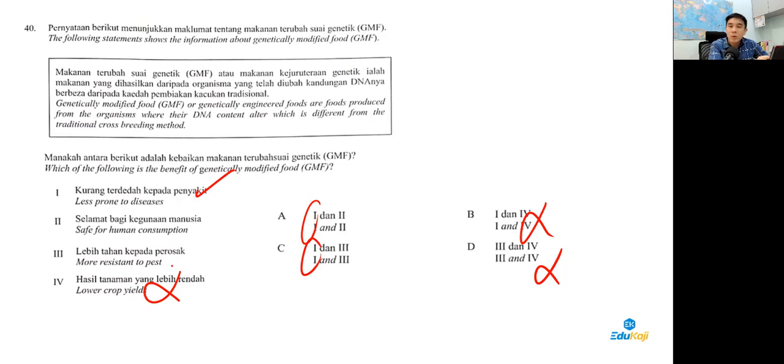Until today, we do not know exactly whether it's safe or not. Guys, I taught my students, we do not know whether it's exactly 100% safe or not. Disclaimer, if you do your research, if you Google about this, quite a number of countries have banned GMF. Yeah. So 1 and 3, C.